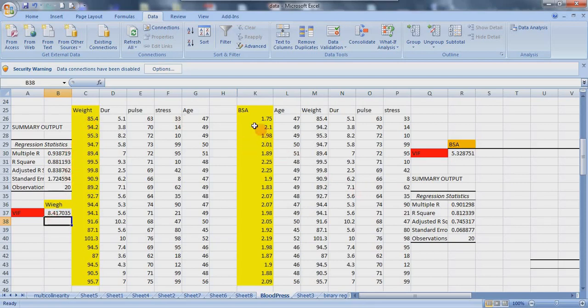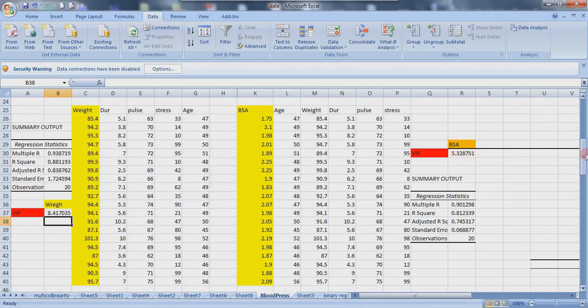So the next is the body surface area. If we check the multicollinearity for this, doing the same process as explained earlier, the VIF when you use body surface area is 5, which suggests that the variance of the coefficient of body surface area is 5 times inflated than what is expected.